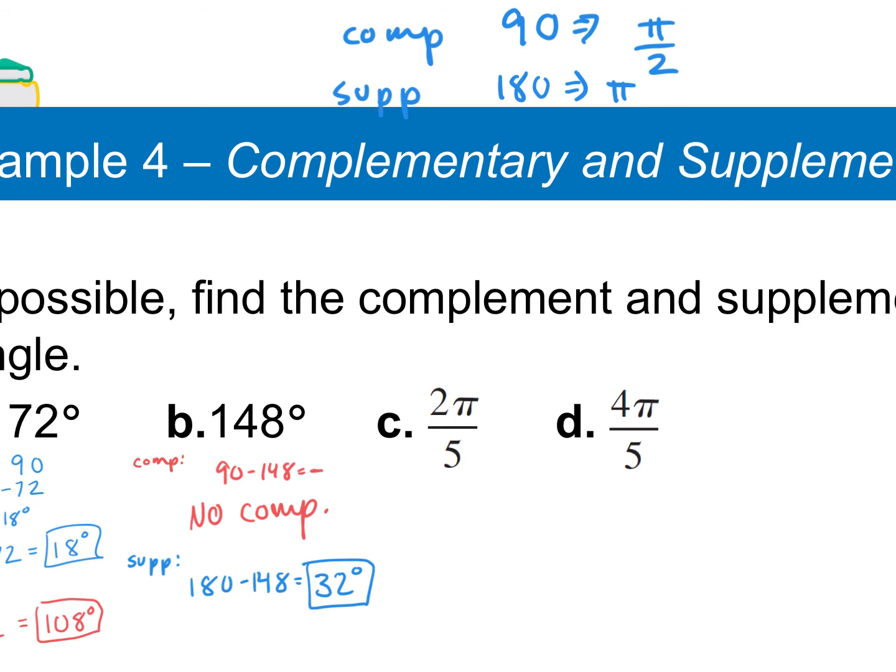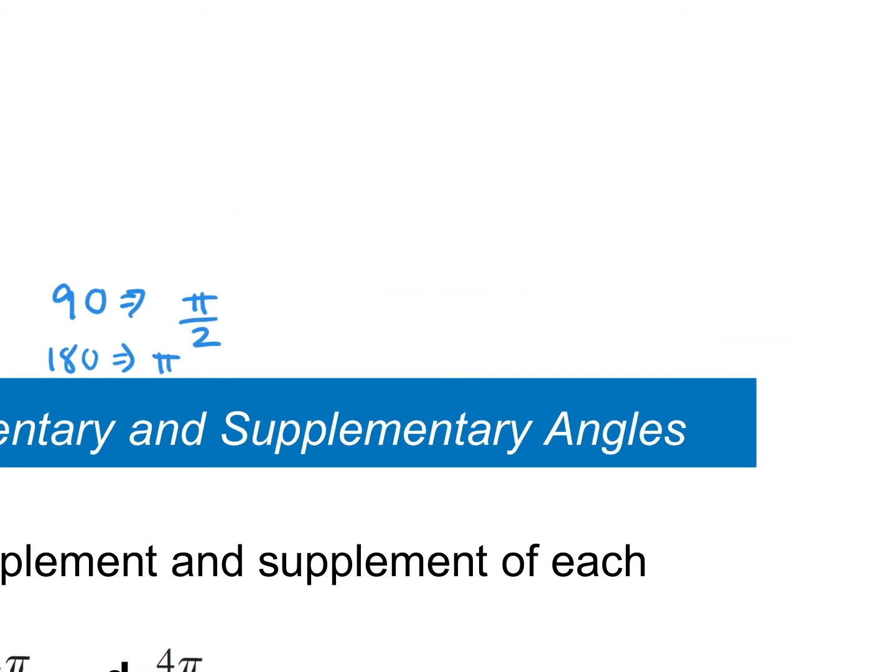Well, we could set up a proportion because we know that 360 is 2 pi. So if I want to find what 90 is, I could set up a proportion, cross multiply. 90 is 1/4 of 360.